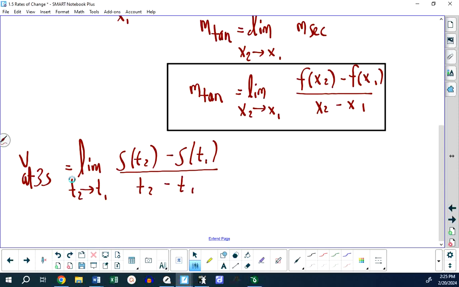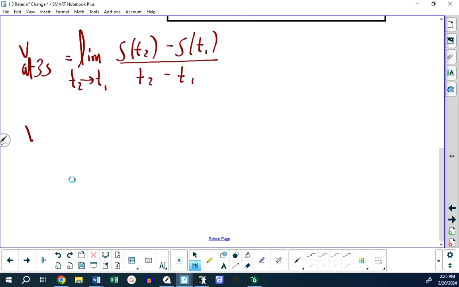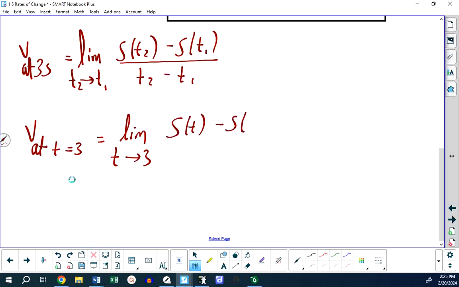It continues to evolve. So what's going to happen here is this basically becomes v at 3 seconds will be equal to the limit as t approaches 3 of s of t minus s of 3 over t minus 3.